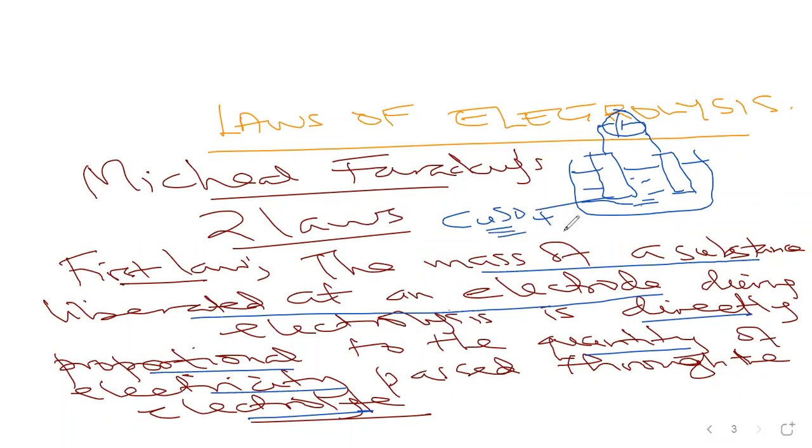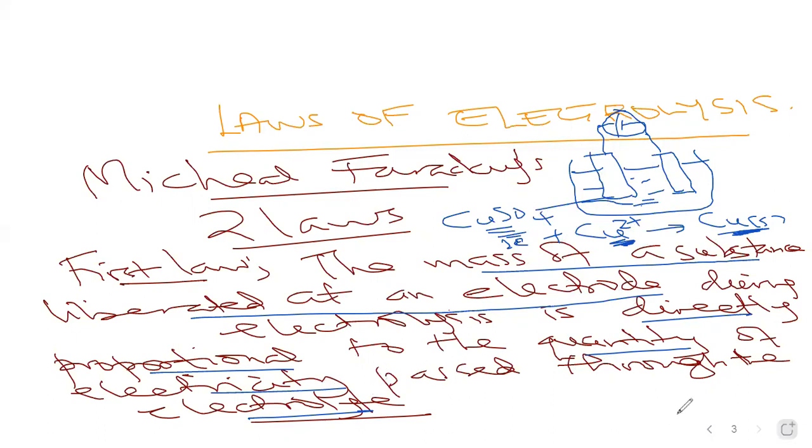Because you know in this experiment that copper II ions in solution get deposited as copper metal at the cathode. They migrate to the cathode and get deposited there, as long as you are using copper electrodes. So the mass of copper that is deposited is directly proportional to the amount of electricity that you pass through the electrolyte. The higher the amount of electricity you pass, the more the copper gets deposited. The lower the amount of electricity you pass, the lower the mass of copper that gets deposited at the cathode.